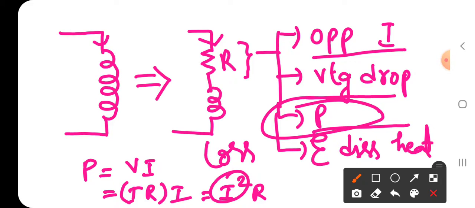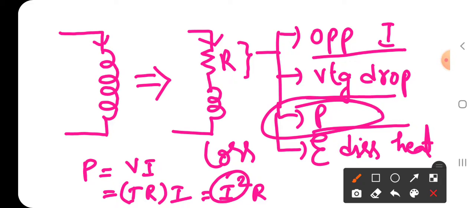If you take any winding, the resistance value is constant, and the current is varying. As the current changes, the power loss also changes. So electrical loss, also called winding loss or copper loss, is to be treated as a variable loss.